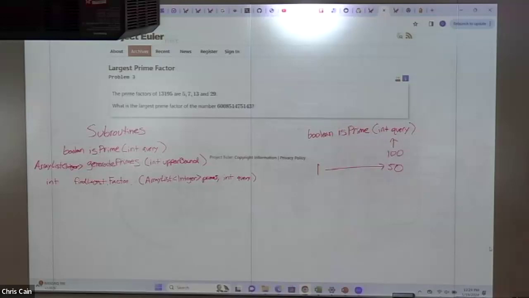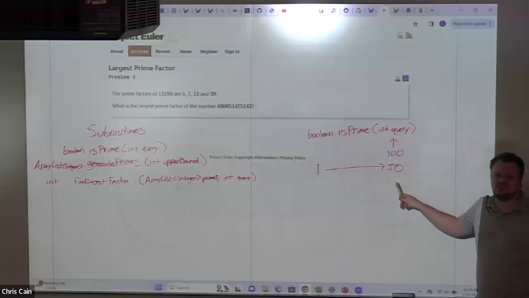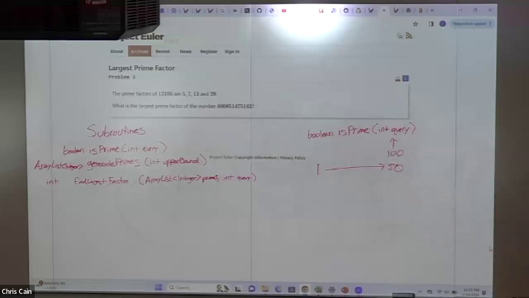Who agrees with that? That is correct logic. However, it's the incorrect pick for the highest possible number that we need to consider. Can anyone give me another number that they think is the highest possible number that we need to consider? This is correct, it's just inefficient. It'll give you the right answer.